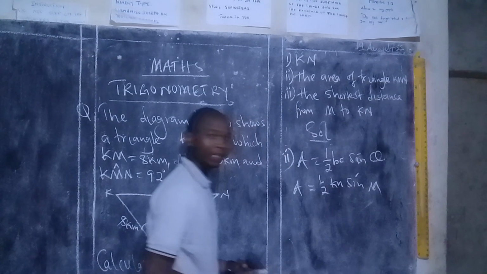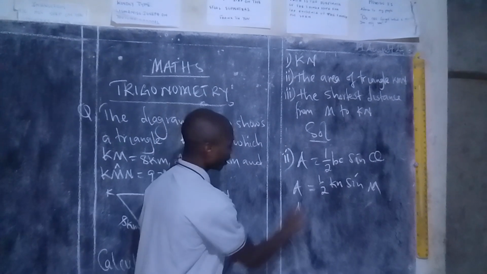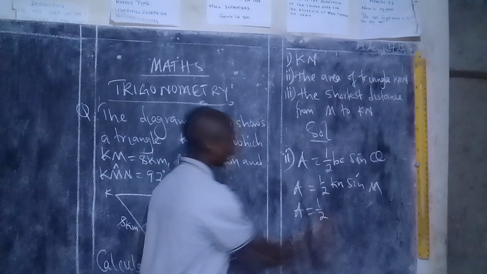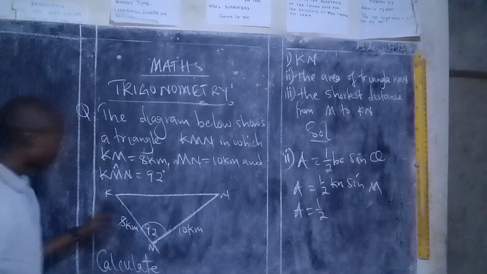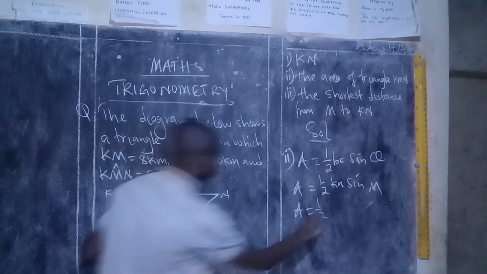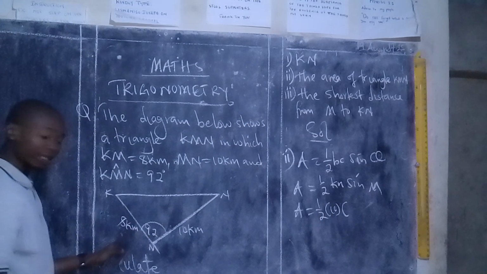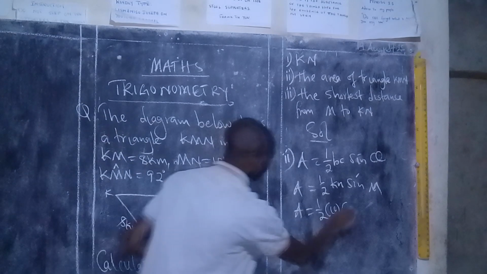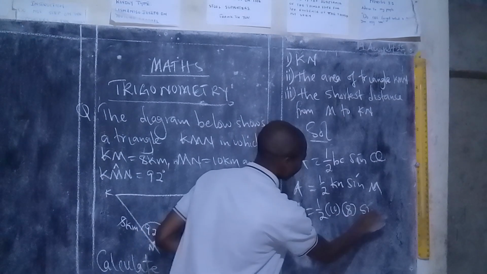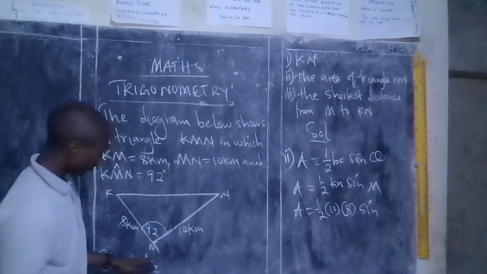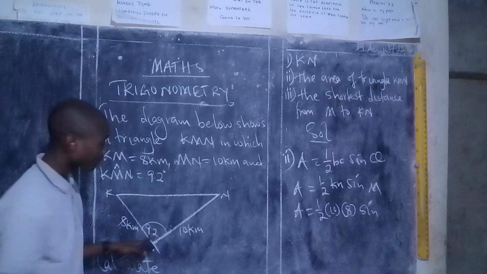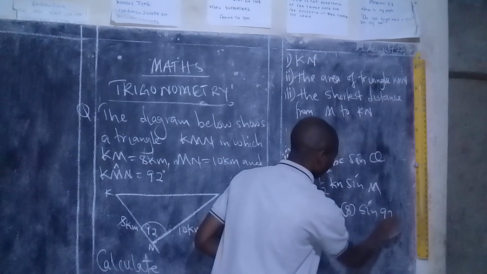Then thereafter you can start replacing. We say area is equal to half. Our k there represents the opposite side, which was 10. So write 10 there. Then our n is the opposite side, which is 8. So write 8. Sin, our sin is what we have there on M, which is 92 degrees.